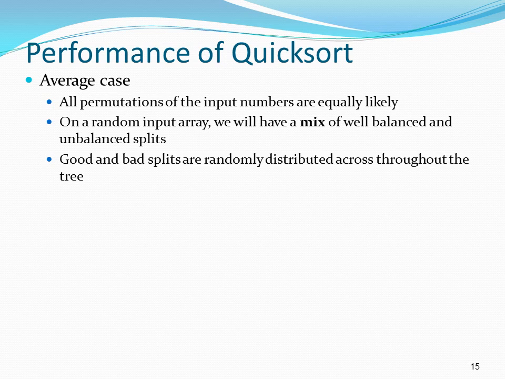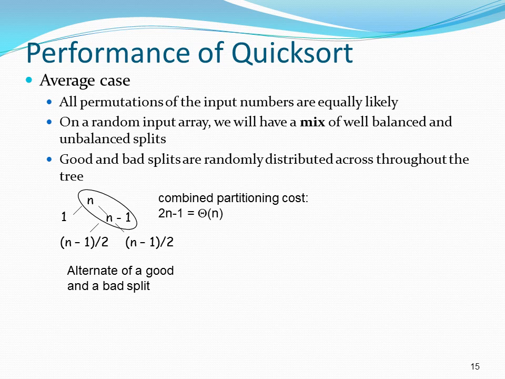Average case: all permutations of the input numbers are equally likely. Good and bad splits are randomly distributed.